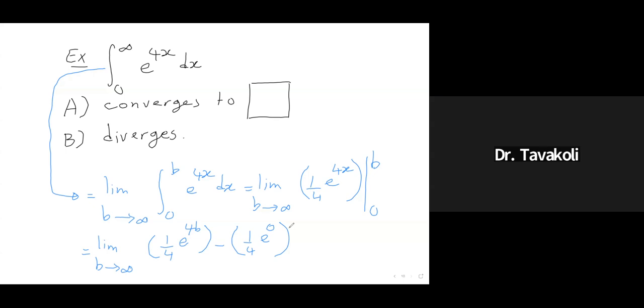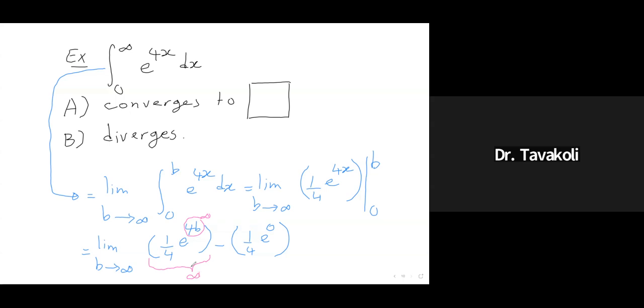So when b tends to infinity, that exponent is also plus infinity. 4b tends to infinity, and e to the power of infinity is infinity. So in this example, this parenthesis is infinity.